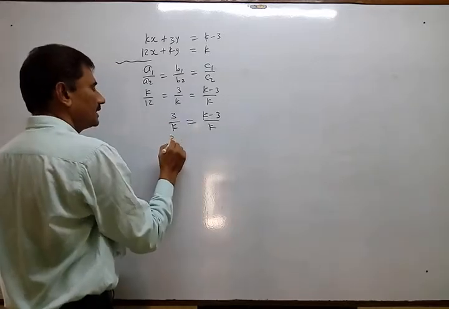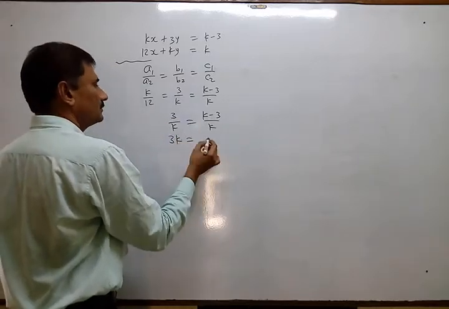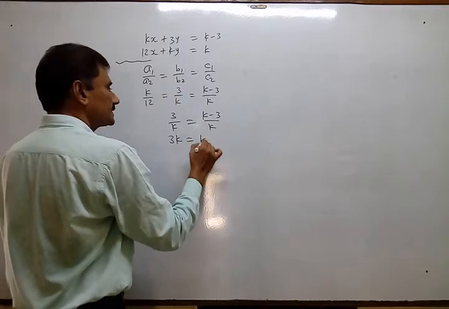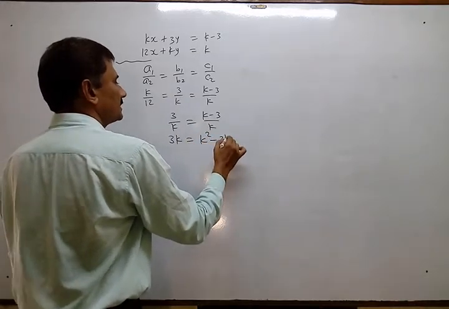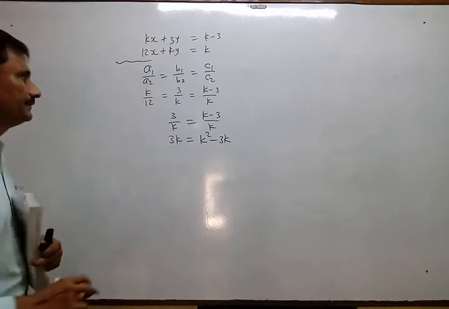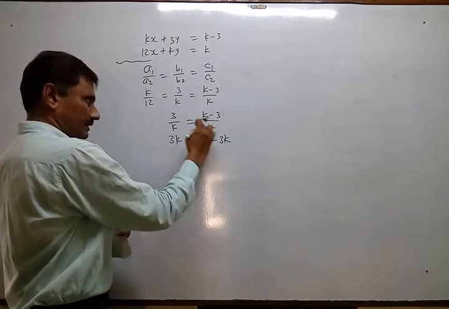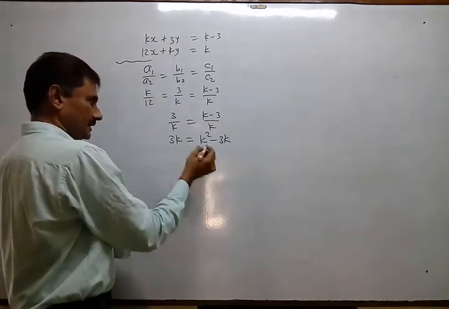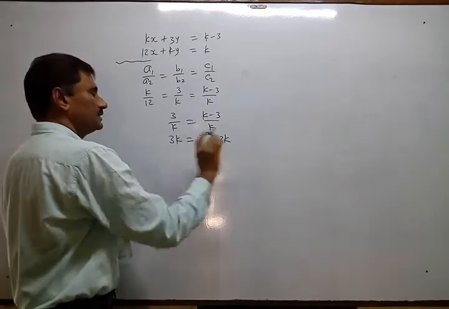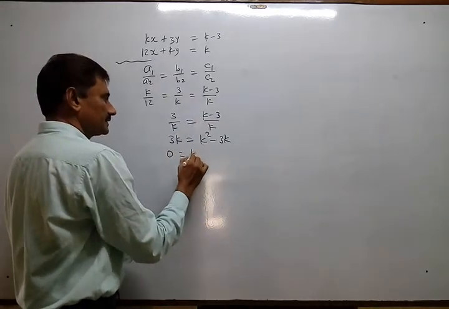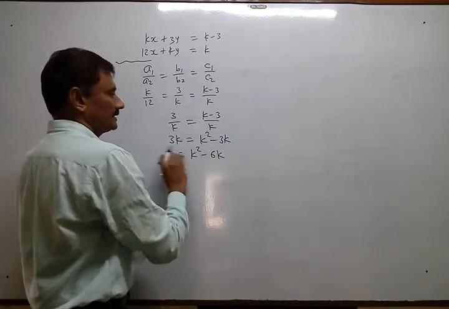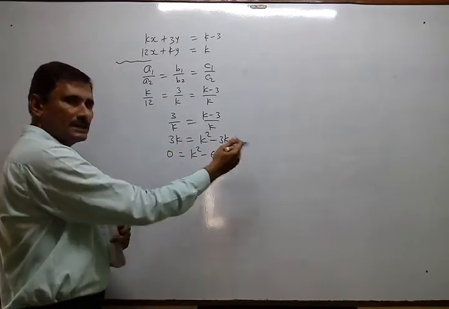So now 3k is equal to k square minus 3k. Now, everything should be on one side. So k square minus 6k. That 3k is shifted there.